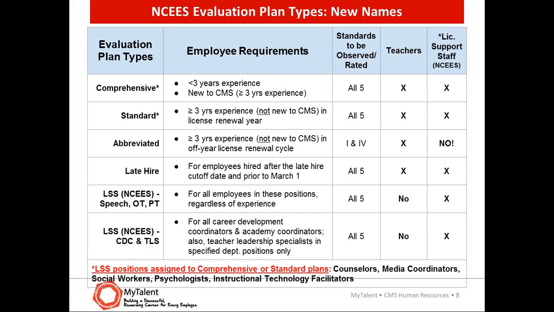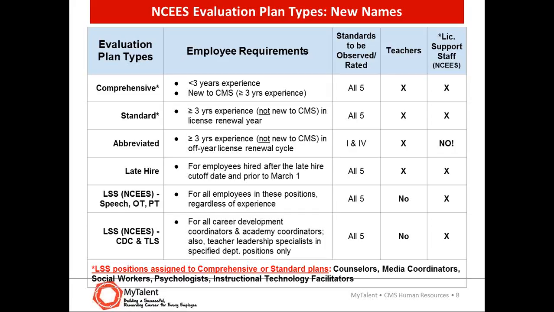Supervisors will need to assign a plan type that will be either comprehensive or standard. Those plan types will be assigned based on career codes, and we plan to provide you with a career code key that will help you in making those assignments for both licensed support staff positions and teachers.